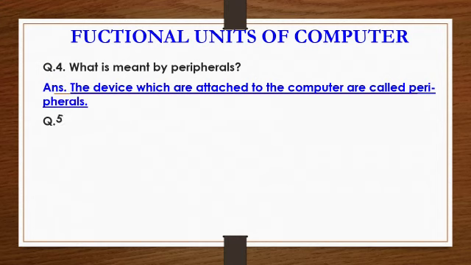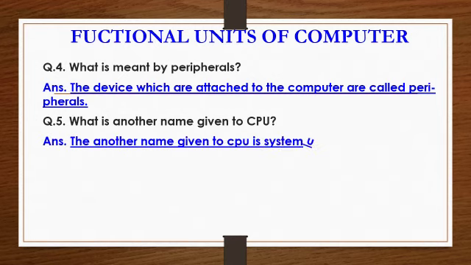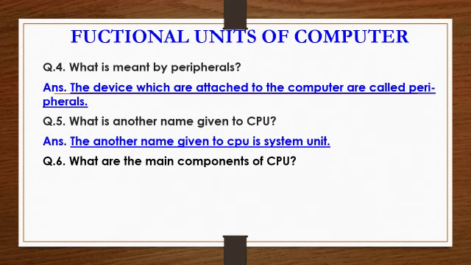And question number 5. What is another name given to CPU? Answer is the another name given to CPU is system unit. Number 6. Question, what are the main components of CPU?